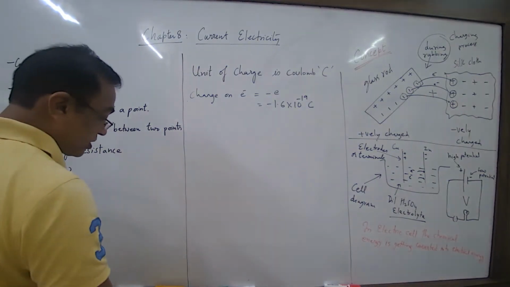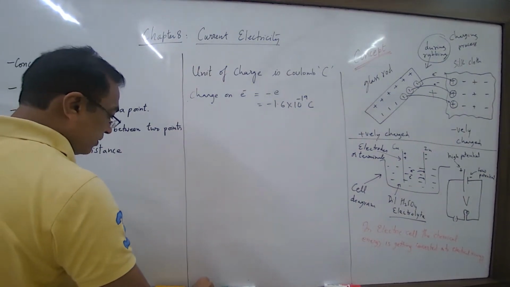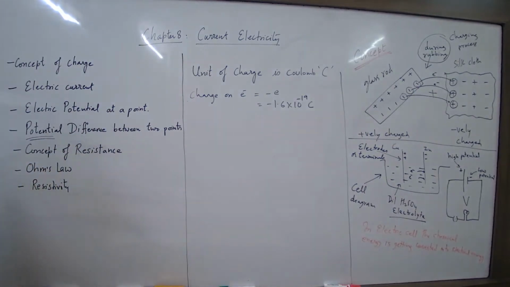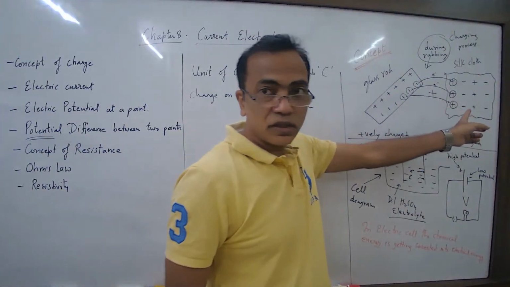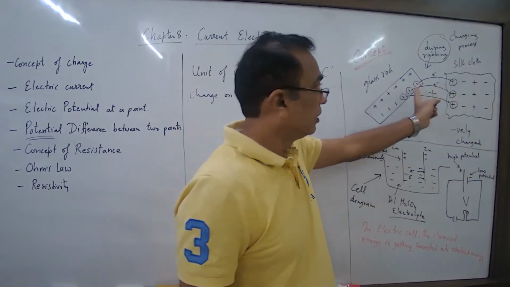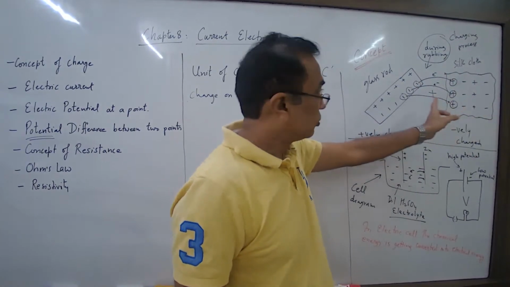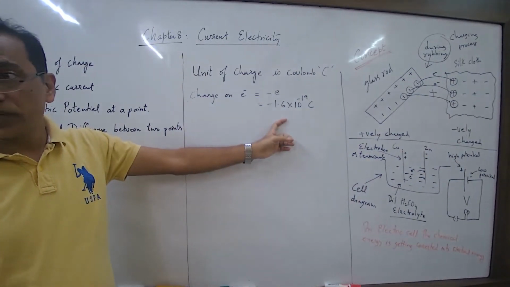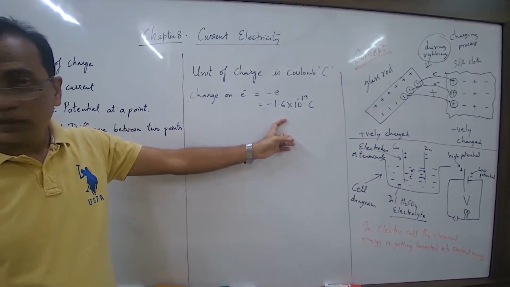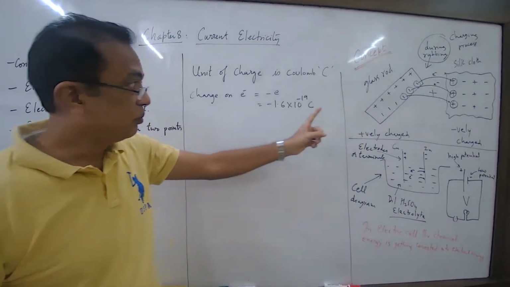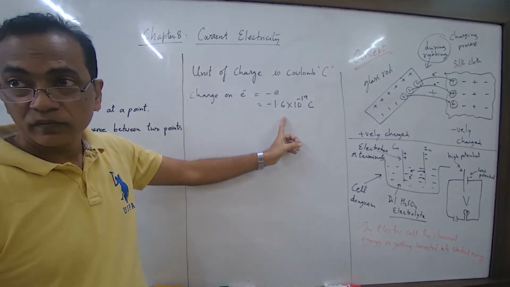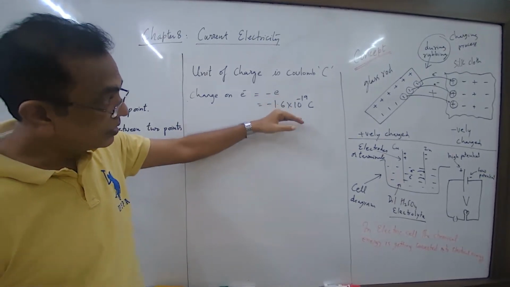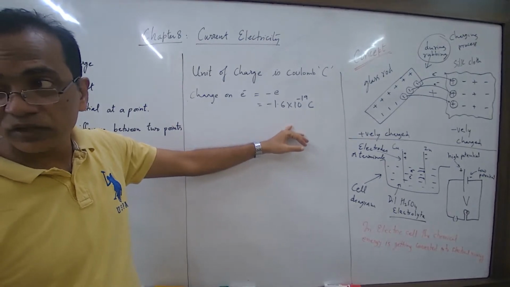Whenever the body has charge imbalance, then we say the body is charged. So look, how the charge is building up on a body, electron by electron. So the charge will increase or decrease minimum by this amount, not fraction of it. Got it? Charge on a body, minimum charge is this much. It will increase in the same addition, not fraction of it.